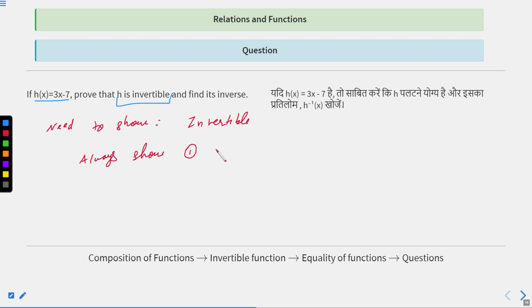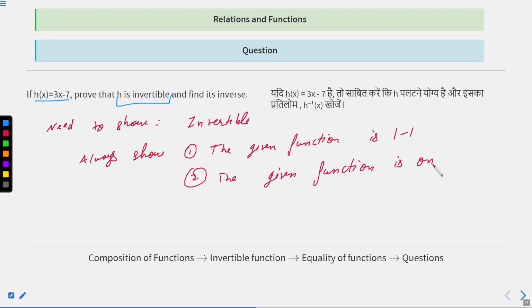First, the given function is 1-1. Second, the given function is onto also. If you show both of these conditions, then your function will be invertible.